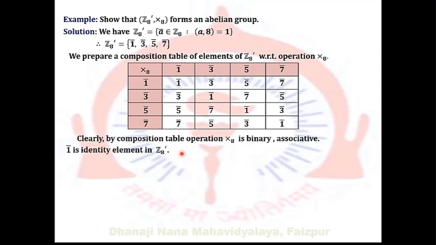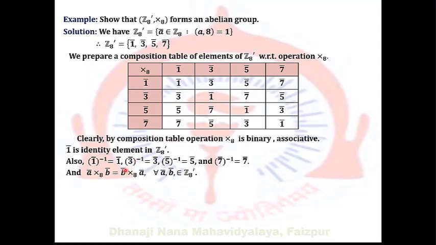Also with respect to multiplication, 1 bar is the identity element in Z8 dash. 1 bar into 1 bar is 1 bar, so 1 bar inverse is 1 bar. 3 bar into 3 bar is 1 bar, so 3 bar inverse is 3 bar. 5 bar into 5 bar is 1 bar, so 5 bar inverse is 5 bar, and 7 bar inverse is 7 bar.